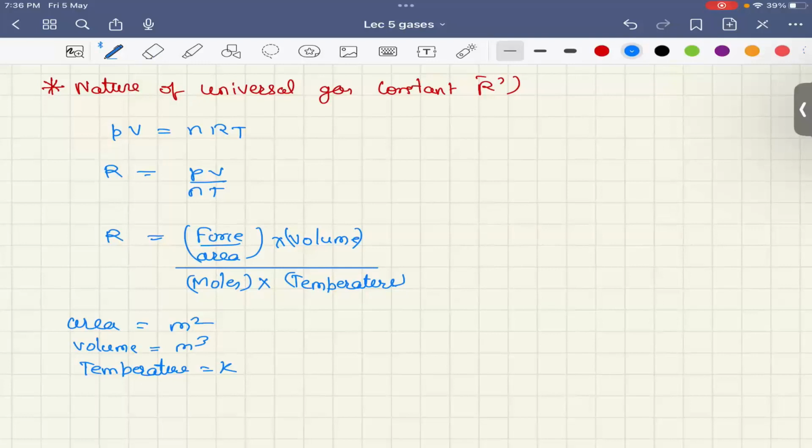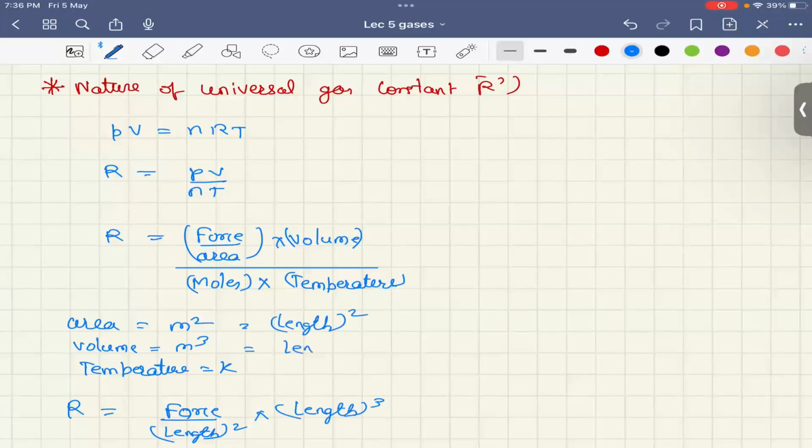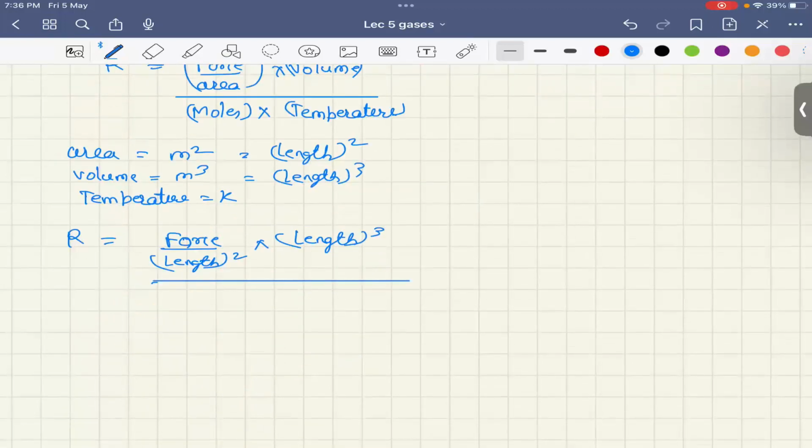And hence, when we write R, we get R is equal to force by length square multiplied by length cube, divided by moles into temperature, moles into Kelvin.